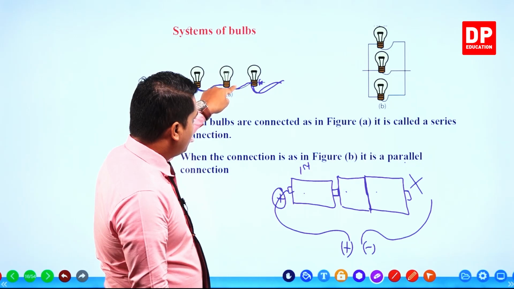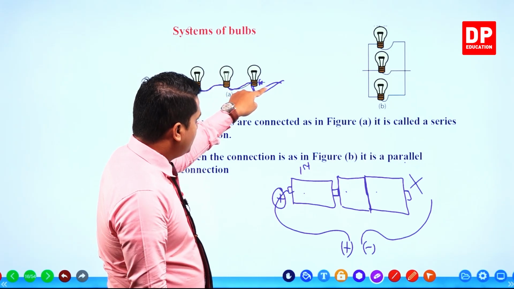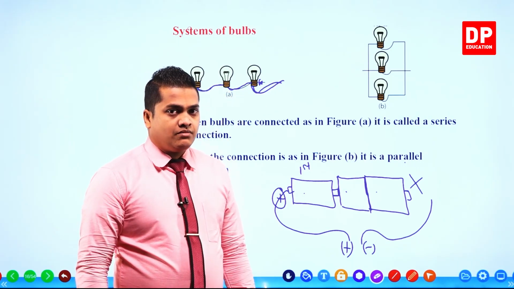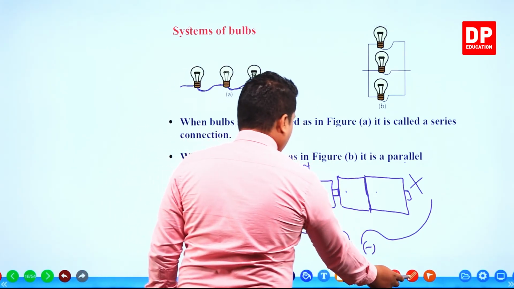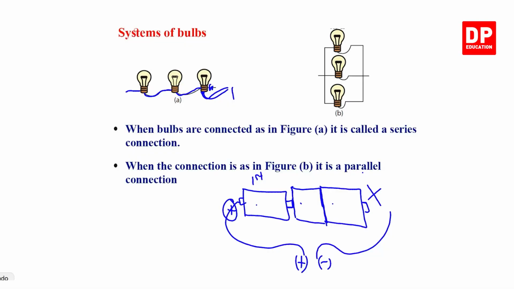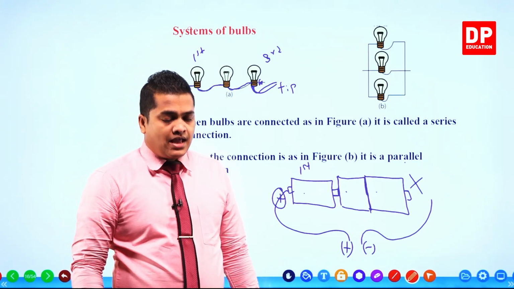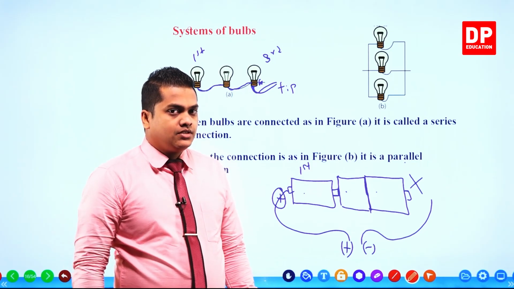Another terminal from below runs to the metallic cover, then the below terminal comes out. This is the tip at the bottom. This is the cover. This is the first bulb and that is the third bulb.